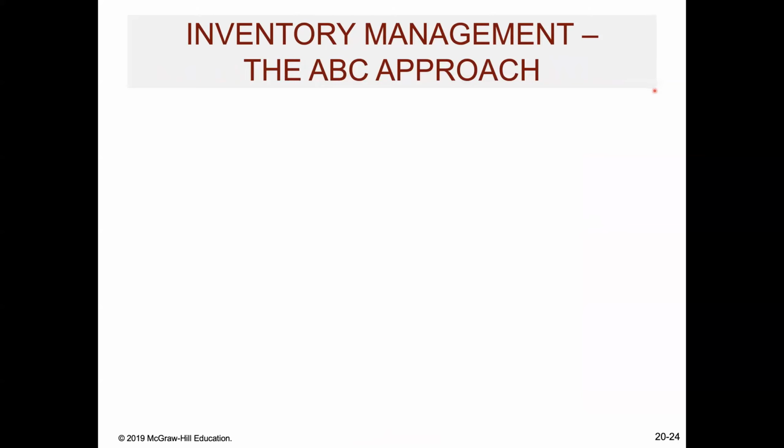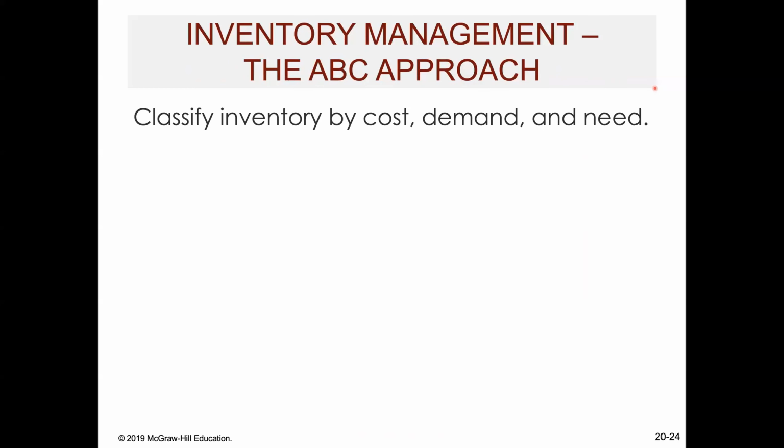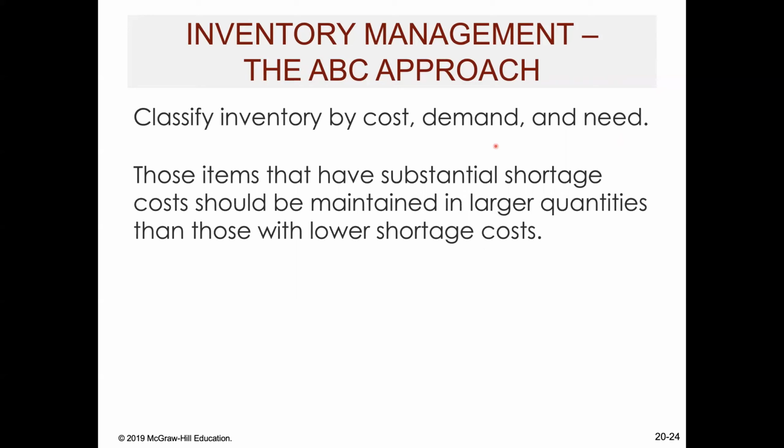So we've got a few different inventory management approaches that we can look at. The first one is the ABC approach. This is where we classify inventory by cost, demand, and need. So the items that have substantial shortage costs, if we run out, it'll cost us a lot.